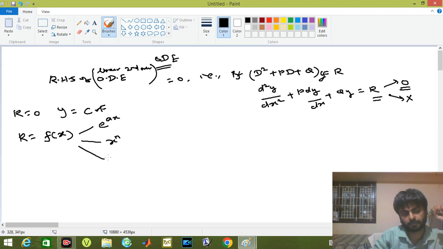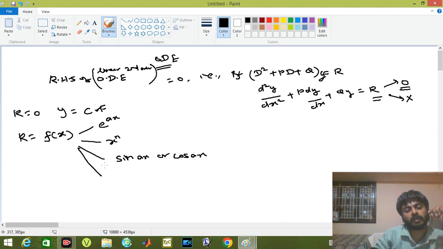The third type is sin ax or cos ax, and the fourth one is the combination along with e power ax into phi of x, where phi of x may be this or this. These are the cases that we are going to discuss one by one. For each function of r, you will have a different procedure.